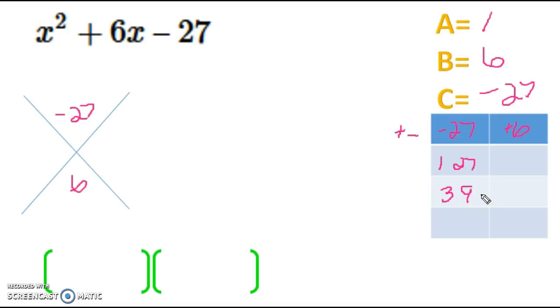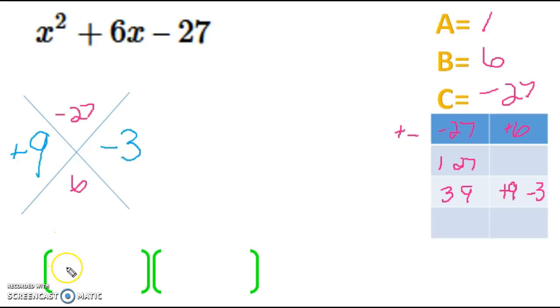If those are some of our factors, how do we get to a positive 6? Well, 1 and 27 is not going to give it to us. 9 and 3 will get us to a positive 6 if we have a positive 9 and a negative 3. So those will be our factors: positive 9, negative 3.